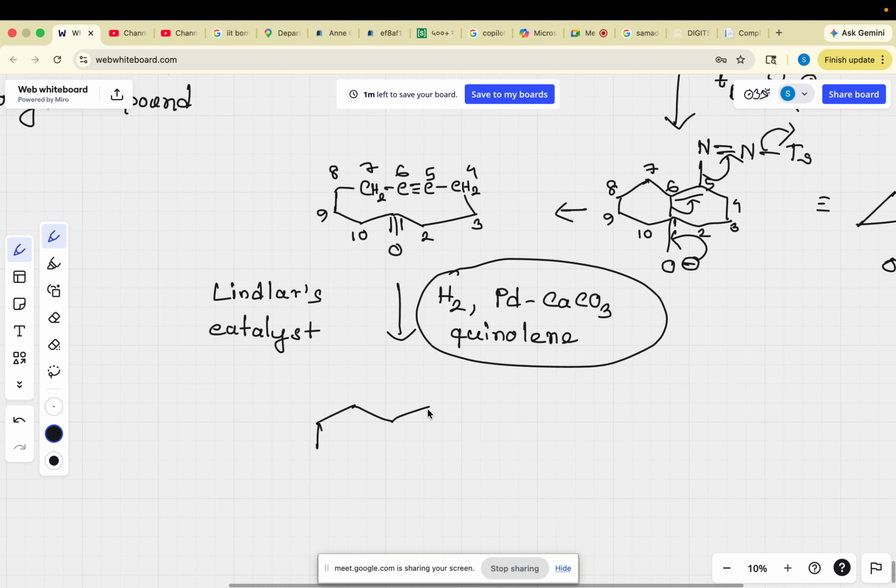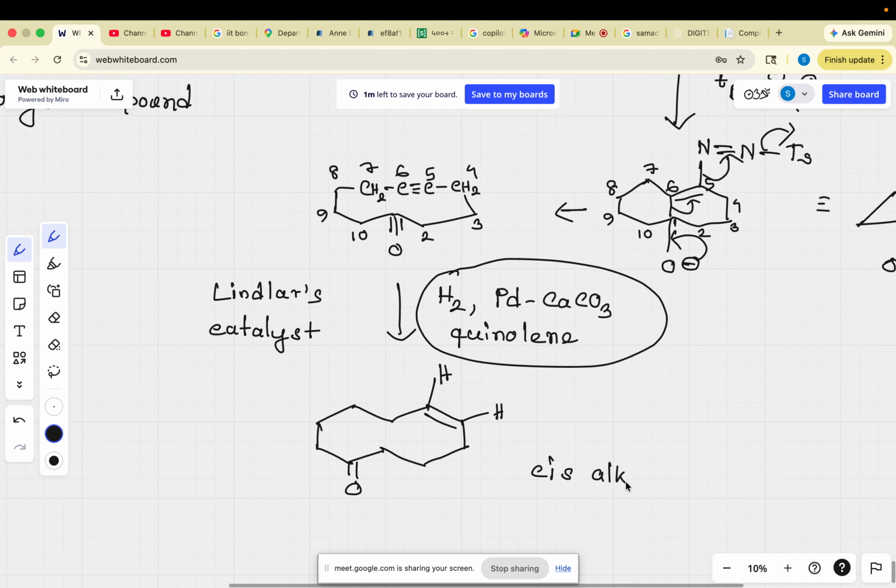If I use Lindlar's catalyst on alkyne compounds, will it be cis alkene or trans alkene? Cis alkene. So you will get this. These hydrogens are adding in the cis position, so cis alkene you will get.